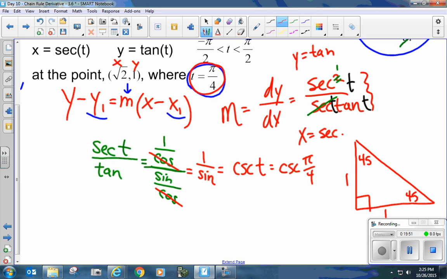Isn't it 1, 1, radical 2? Okay. Sine is opposite over hypotenuse. That means cosecant should be hypotenuse over opposite, because it's the reciprocal of sine, isn't it?